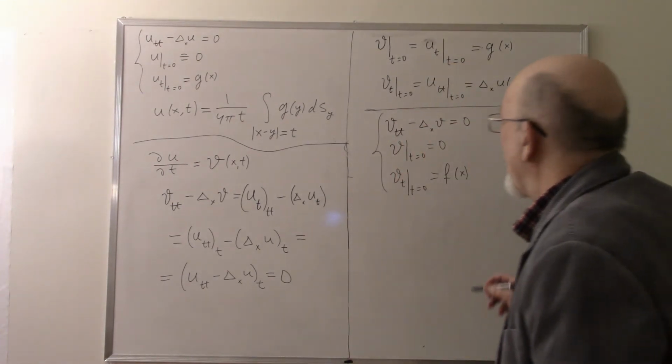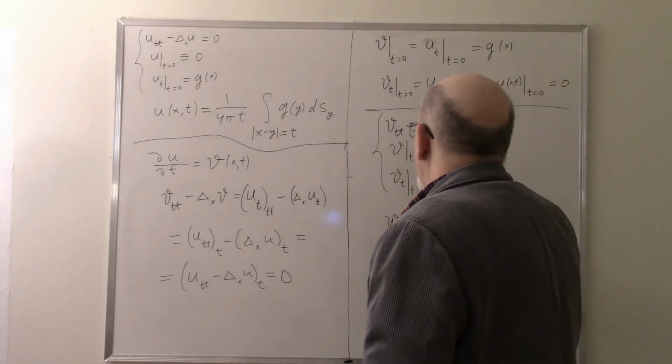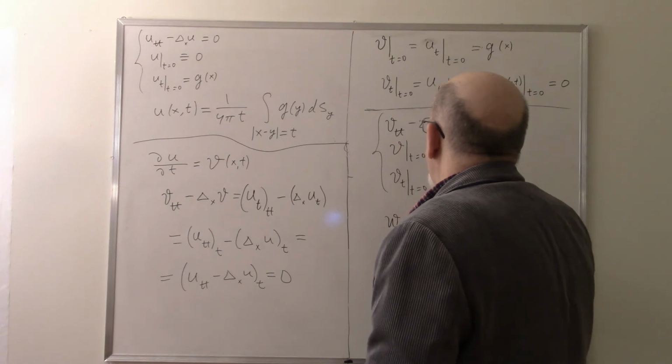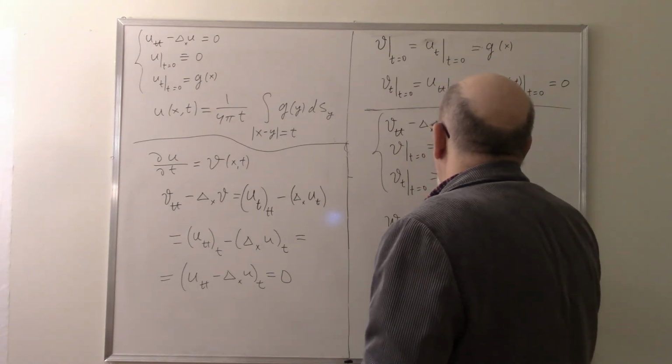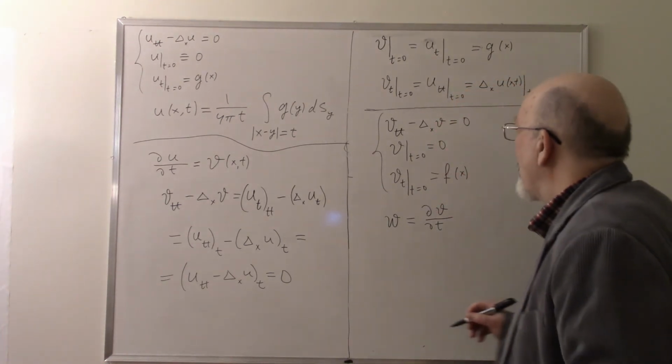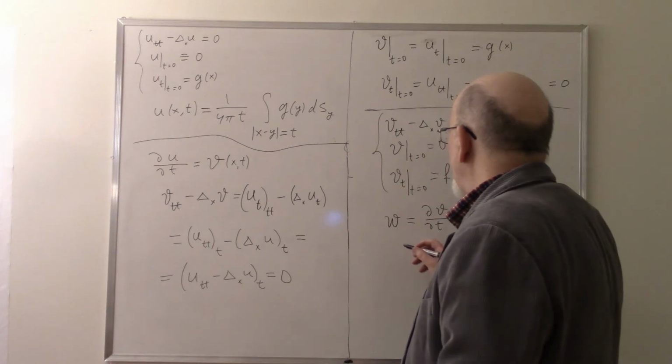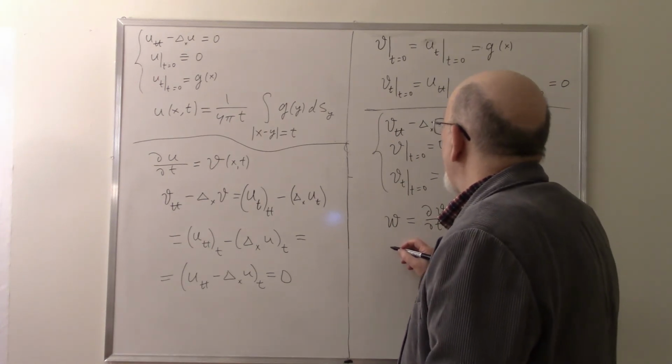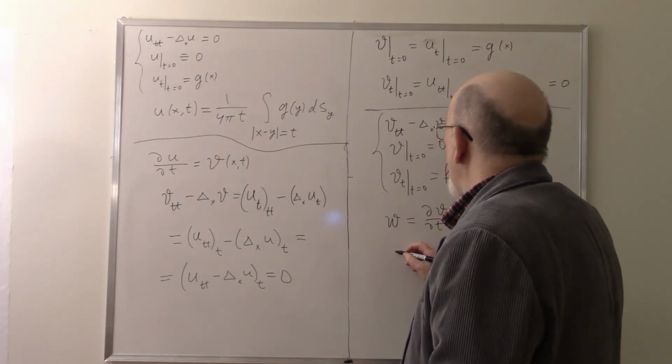Now we write w equals dv/dt. It is the second part. And the third part is that w satisfies the following equation.